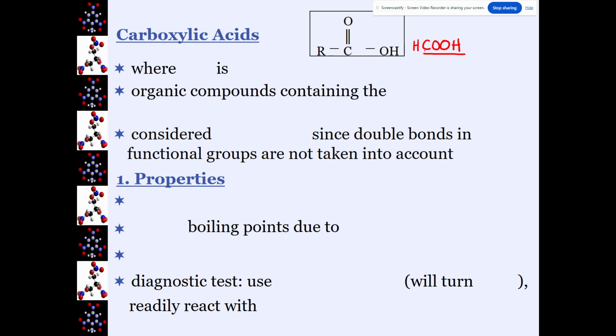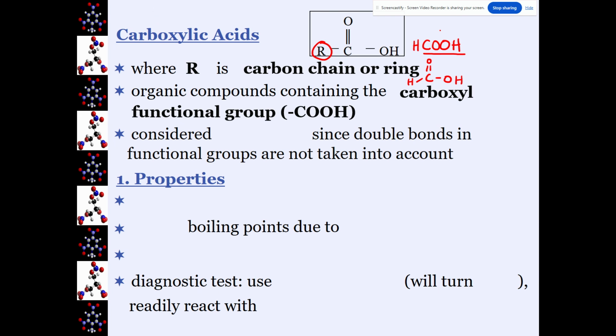This H is the H bonded to the C. My functional group is carbon double bonded to one oxygen, single bonded to another oxygen that's bonded to a hydrogen. So there can be an H on here making my simplest carboxylic acid, or there could be a longer carbon chain. R again in this formula can be a carbon chain or ring, or it can just be hydrogen. This is called the carboxyl functional group.